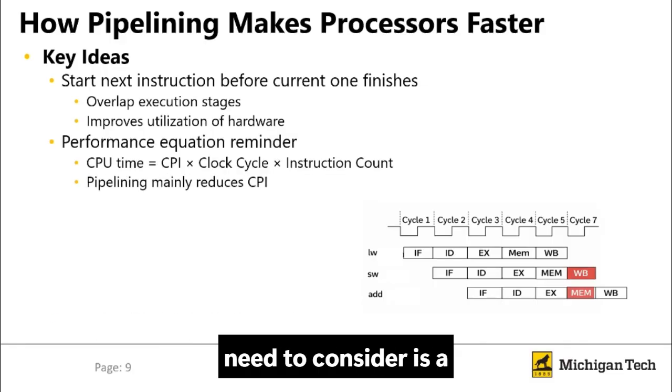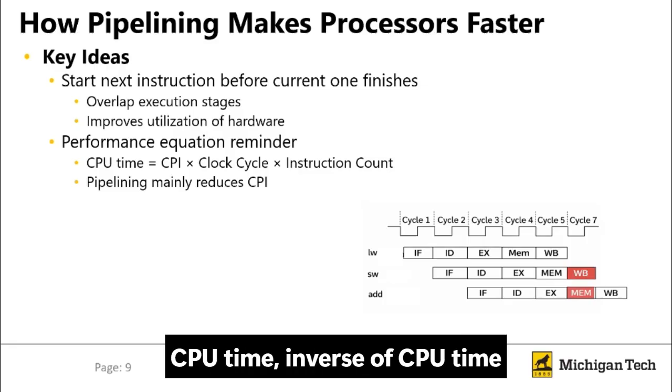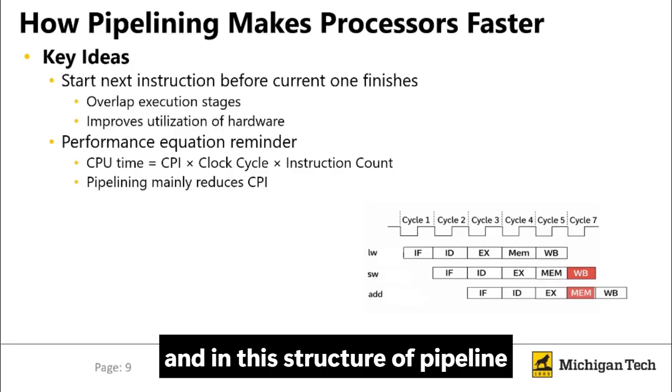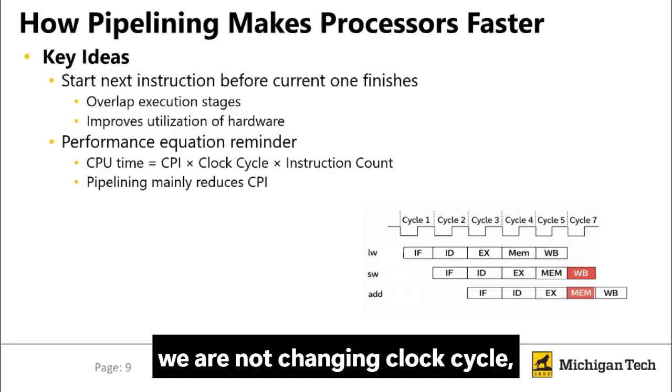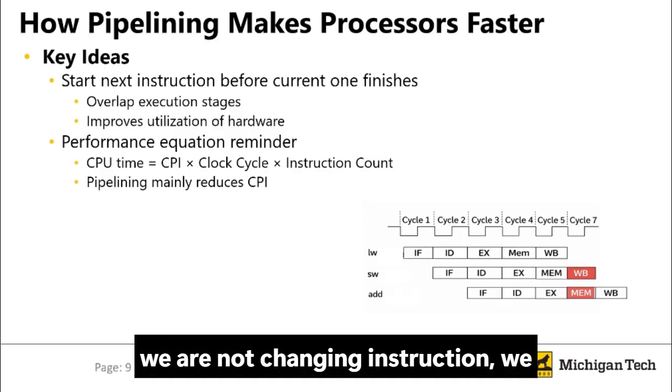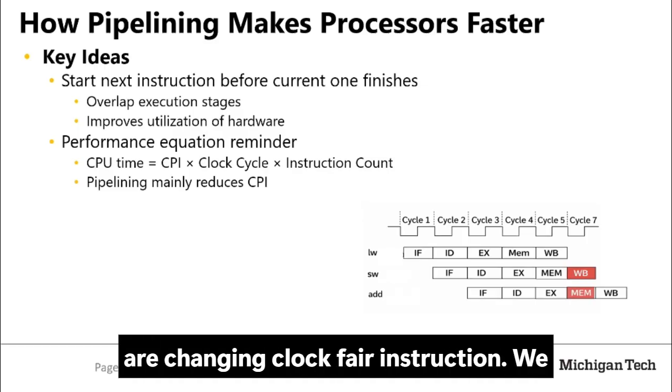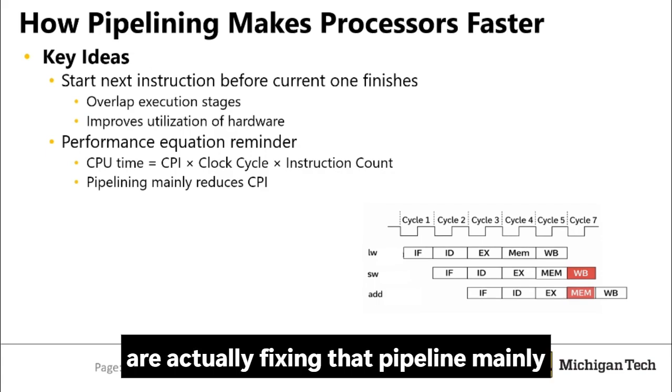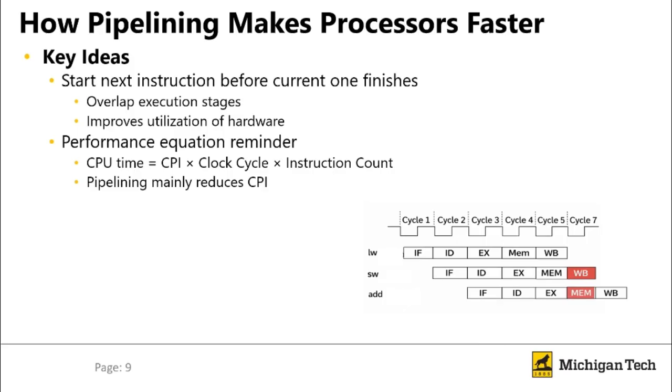Another thing that we need to consider is the clock, this formula that I mentioned. The performance comes from the inverse of CPU time. In this pipeline structure, we are not changing the clock cycle and we are not changing the instruction count. We are changing clock cycles per instruction. We are fixing that with the pipeline, mainly reducing clock per instruction.